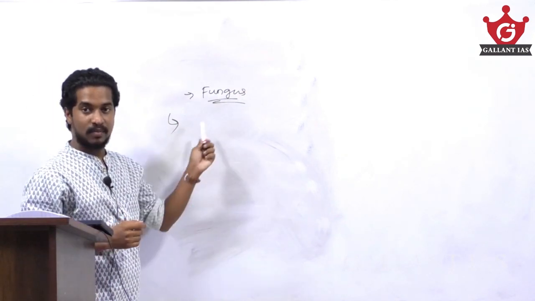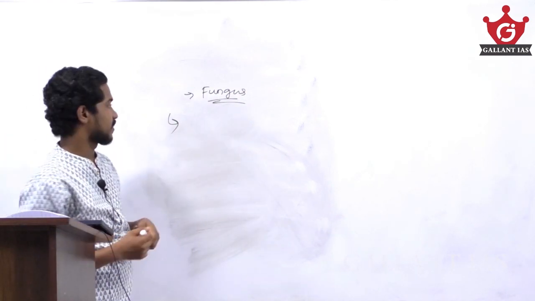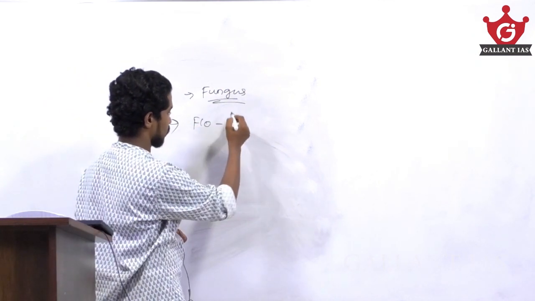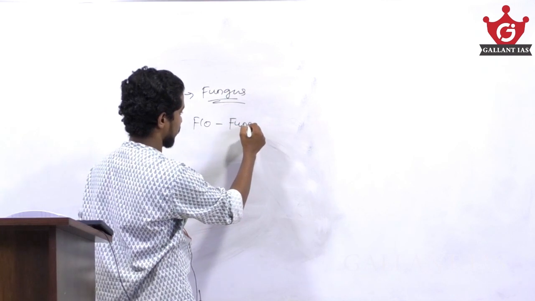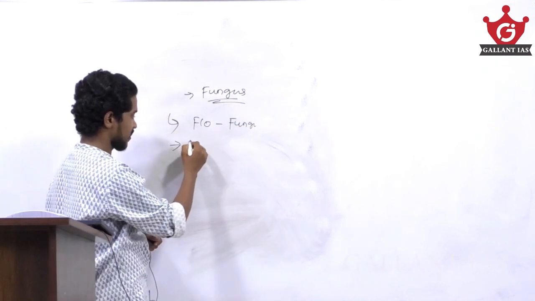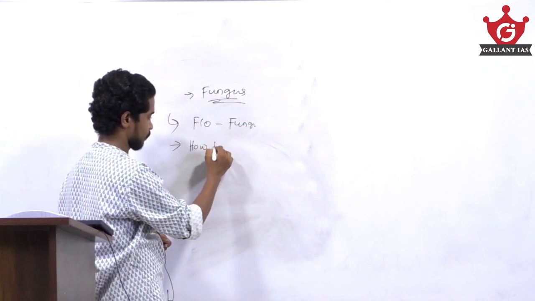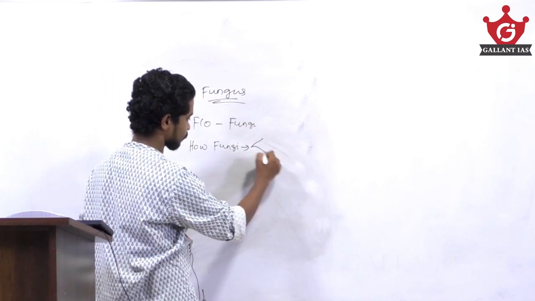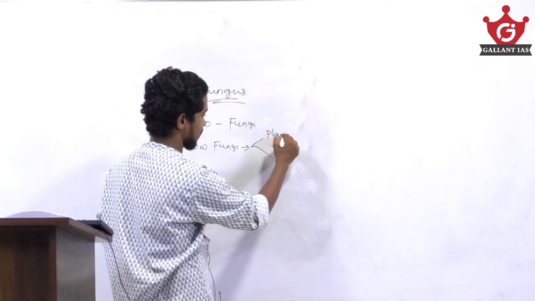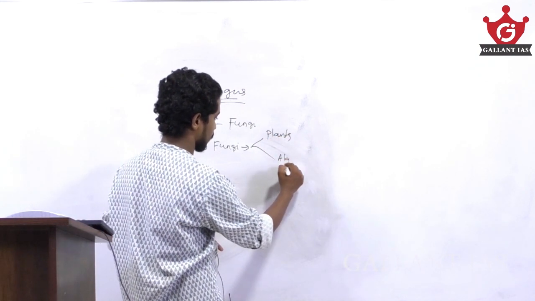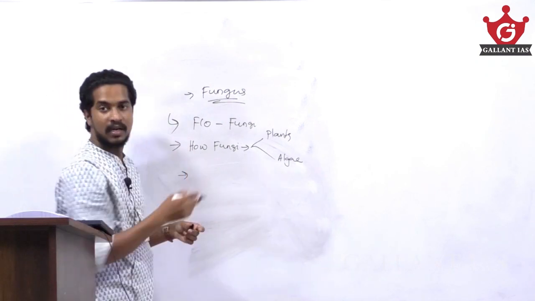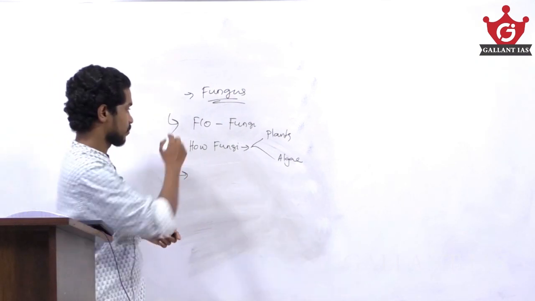try to make a tabular form and write the differences between fungus-like organisms and fungi, and how fungi differ from plants and algae, and the major differences between the different phylum groups.